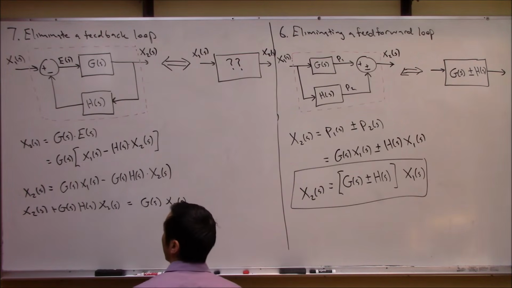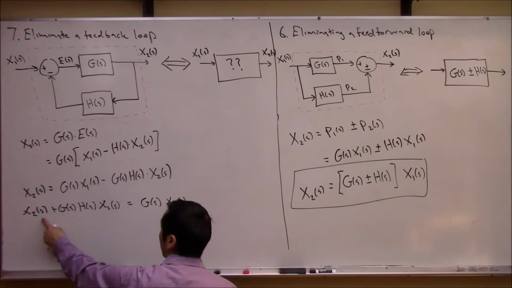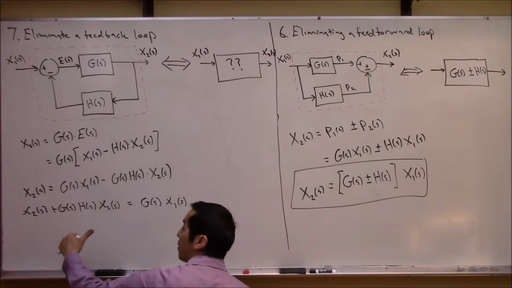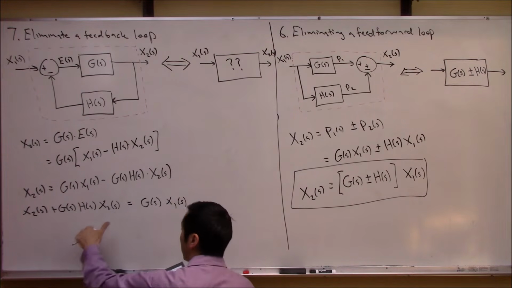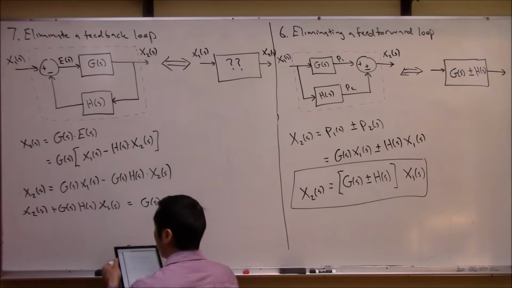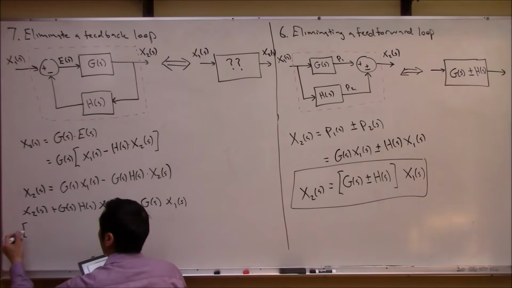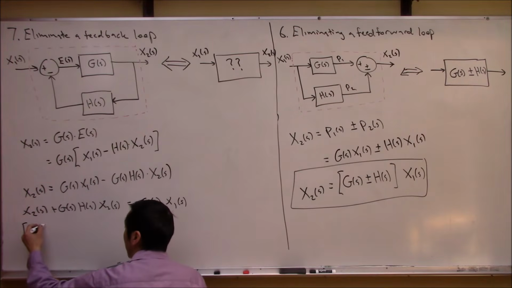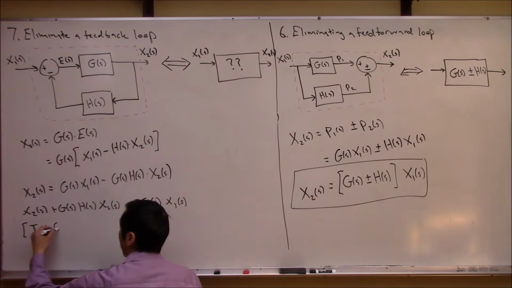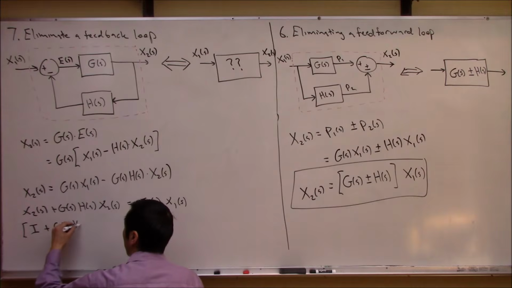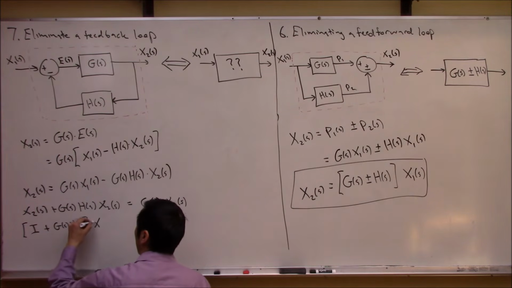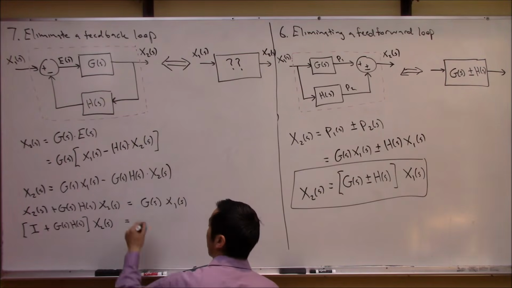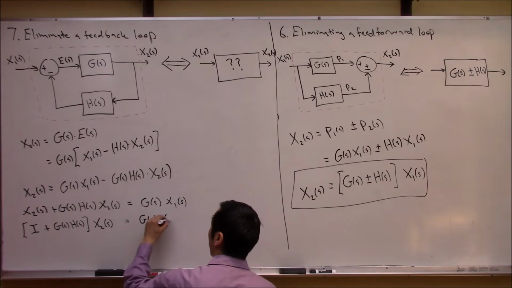Now let's pull off or factor out x2, keeping in mind that this might potentially be for matrices, pull this thing out on the right. So we end up with an identity matrix, or a 1 here, plus g h, and here's x2 on this side, equal to g of s, x1 of s.